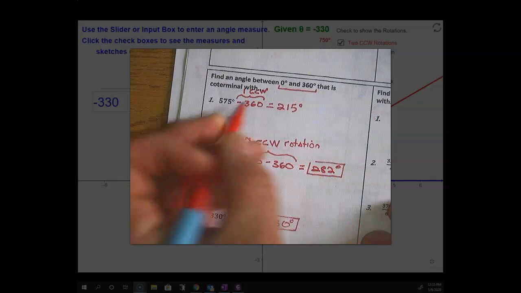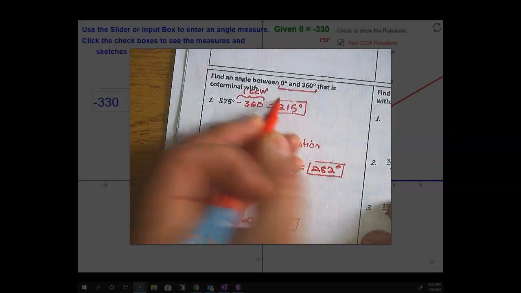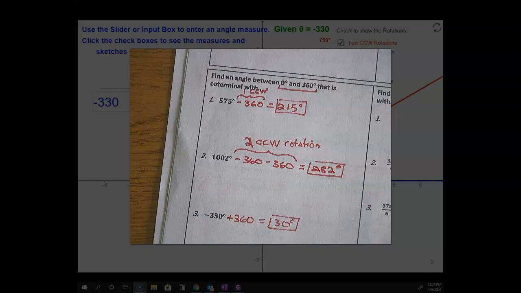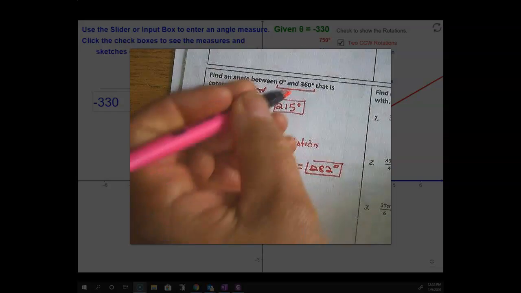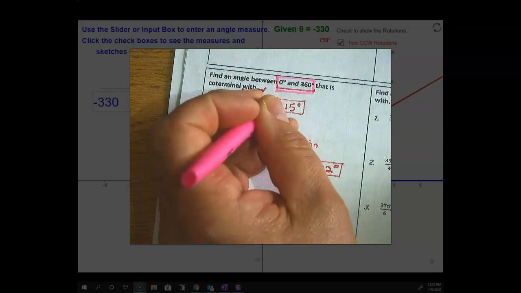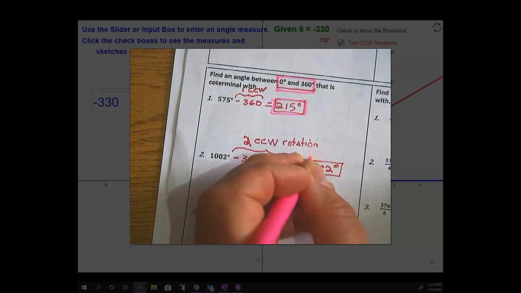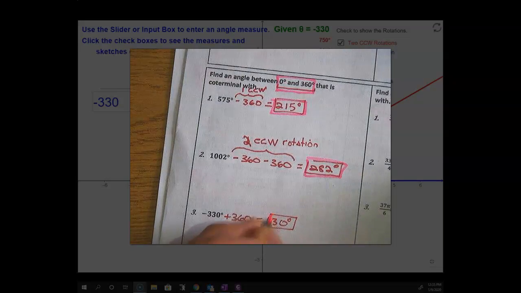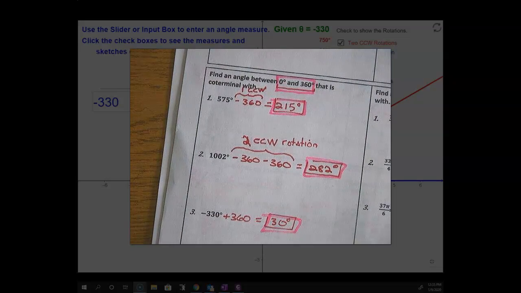I wanted these answers to be between 0 and 360 so that we can do sines and cosines on them. If you have an angle that's bigger than 360 and you want to figure out sines and cosines, you've got to turn it into an angle that's between 0 and 360.